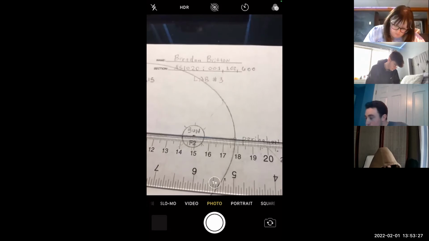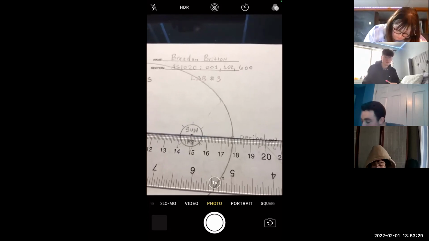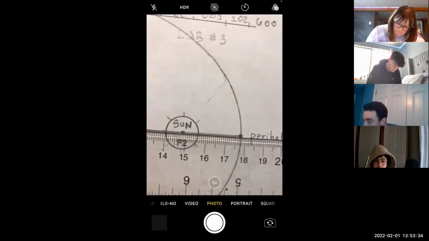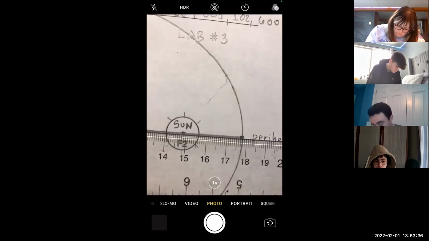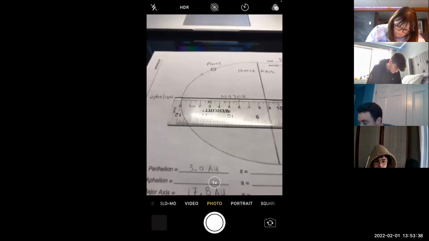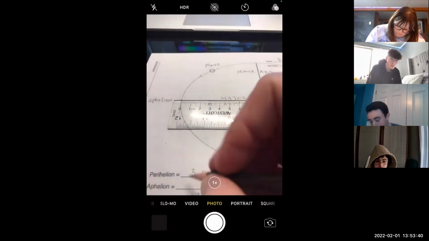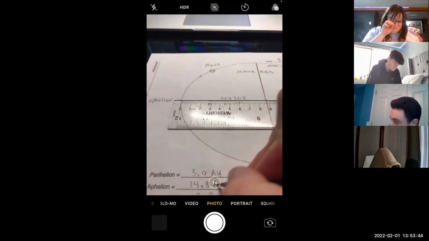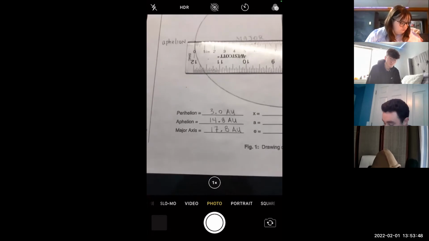I'd say 14.8, I guess. It's pretty close. 14.8, 14.9. We'll do 14.8. Those kind of add up, so that looks nice.